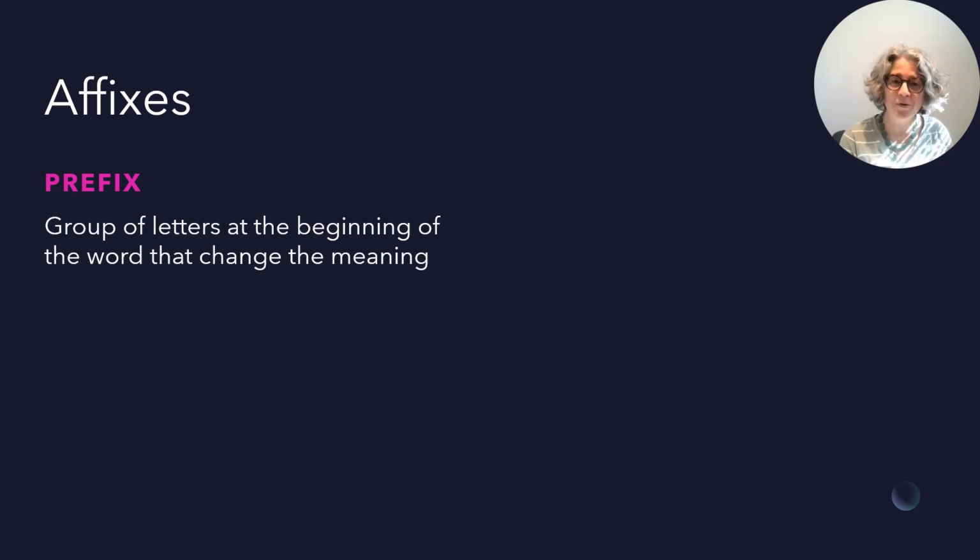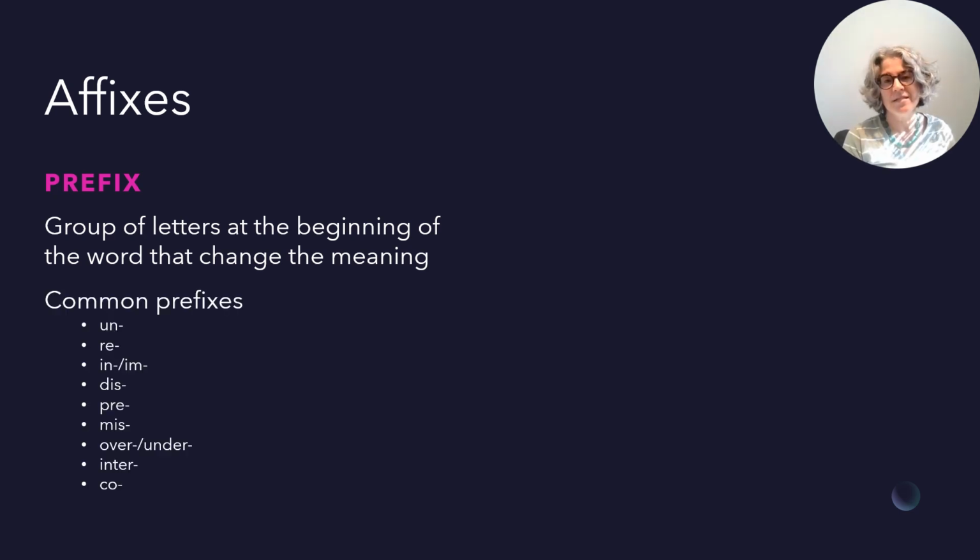As we saw in the example, adding letters to a word changes things, and these groups of letters are called affixes. There are two kinds. A prefix goes before the word, and it's a group of letters at the beginning of the word that change the meaning. You can see some common prefixes here on the slide.